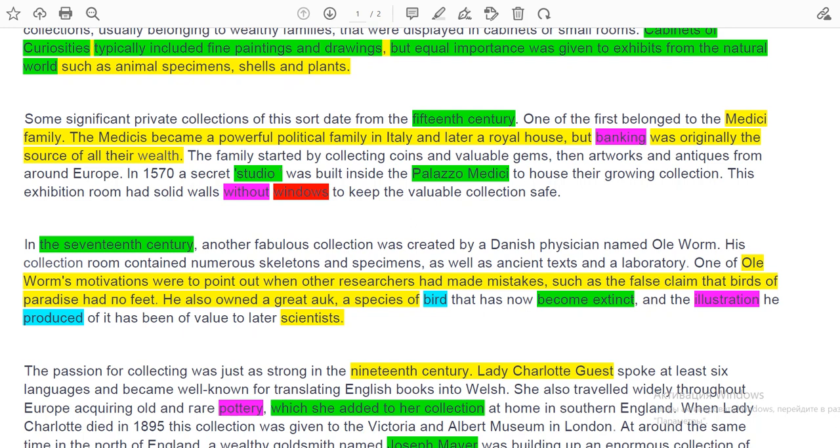This exhibition room had solid walls without windows to keep the valuable collection safe. Windows is the correct word. Walls might be empty, but that doesn't make sense in this context. But windows make sense in terms of keeping the valuable collection safe and secure.